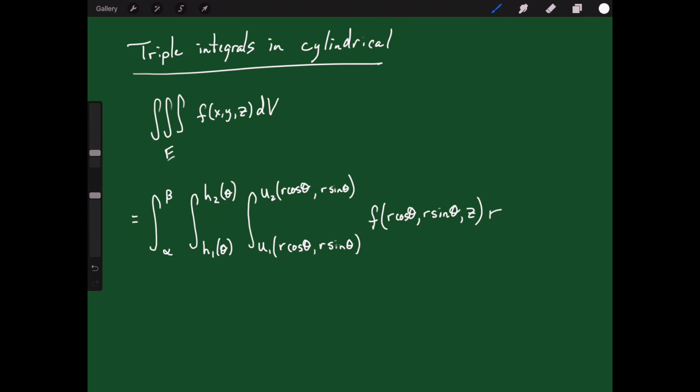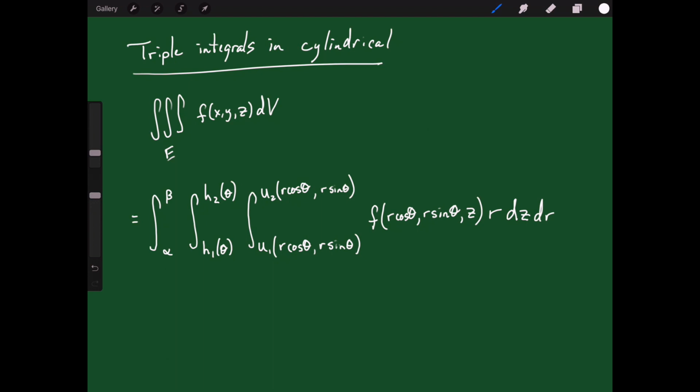And then we need to think about, okay, so I'm going from a surface to a surface. The surface to a surface is happening in the z direction. So this is dz. Then I'm integrating from a curve to a curve, and this is r equals h1 of theta to r equals h2 of theta. A curve to a curve, that's happening in the r direction.